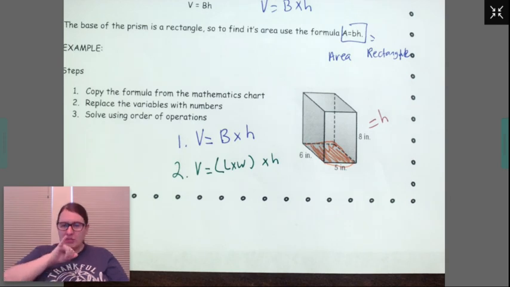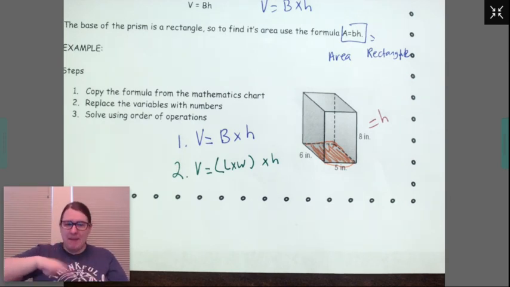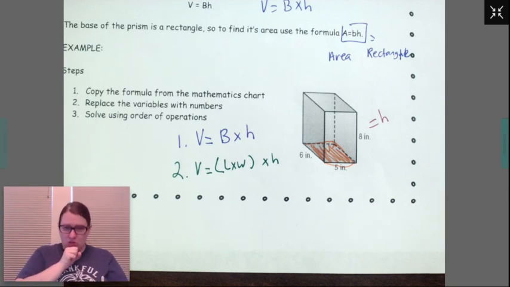That orange, that is my base. To find the area of that, I need to multiply the length times the width, which is 6 and 5.